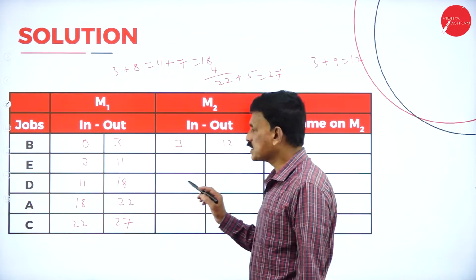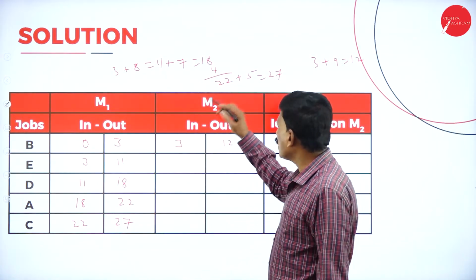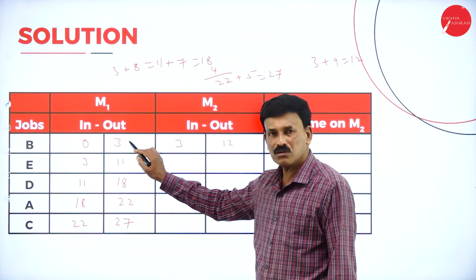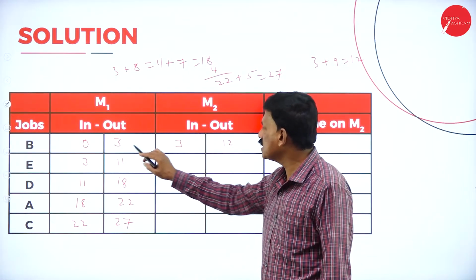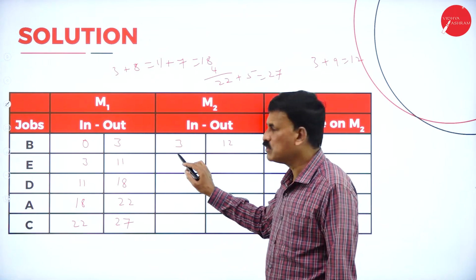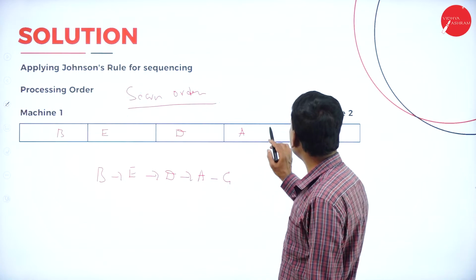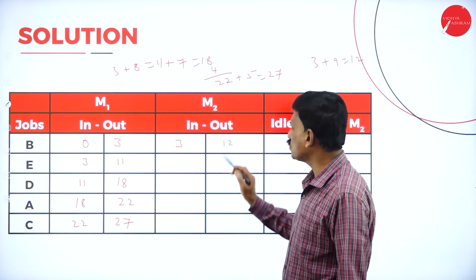Now see next. Now come to the machine 2. In machine 2, the in time will be the last time of machine 1, that is 3 hours, and the out time will be corresponding to this. We have 9 hours, add 9, so 3 plus 9 is equal to 12.